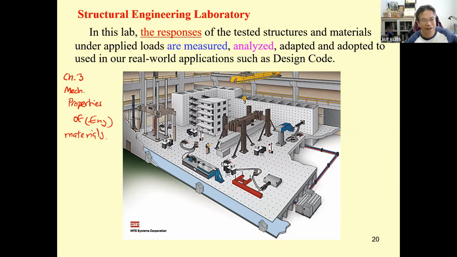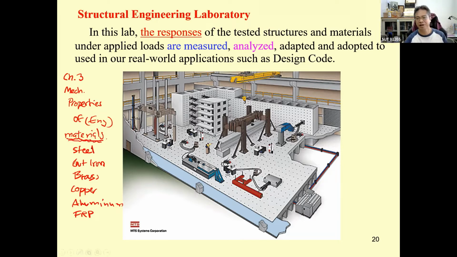What we are talking about is going to be steel, maybe cast iron, also the brass, the copper, the aluminum, or we also touch the fiber reinforced plastic. That is a number of materials that we use in our engineering application.